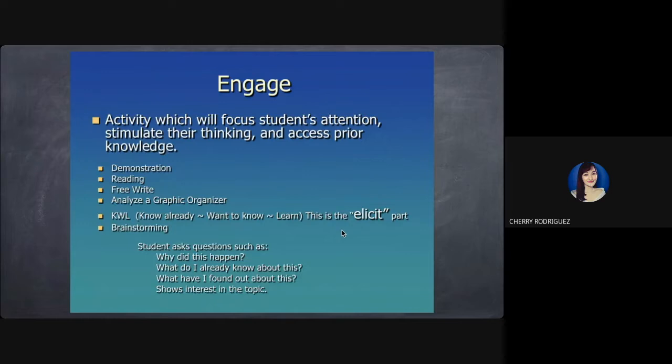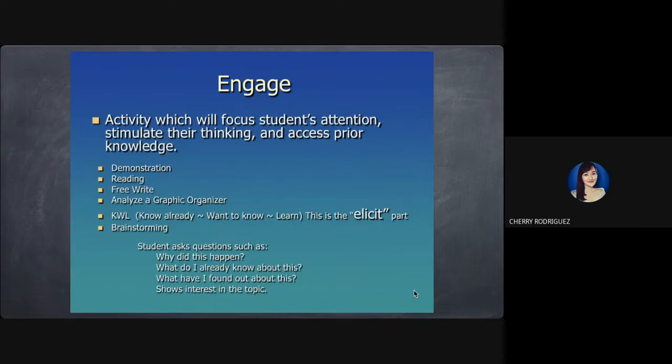Engage is visible through different learning strategies, such as demonstration, reading, free writing, and giving them a graphic organizer; the common one is the KWL: know already, want to know, and learned. It is also merged with the elicit part, where we access the prior knowledge of the learners through brainstorming.